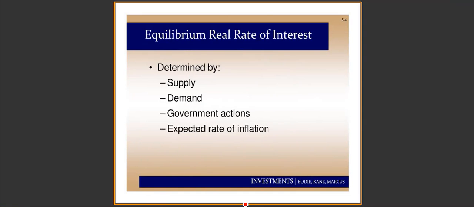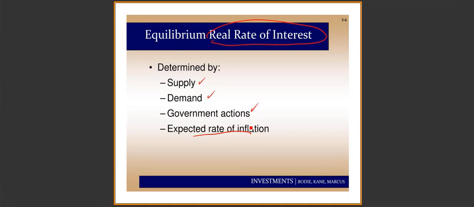So when we think about the real rate of interest, what are the determinants of the real rate? It's the same three things that we had a moment ago, plus now we have to take into account inflation. Absolutely, the supply of money, the demand for money, right?